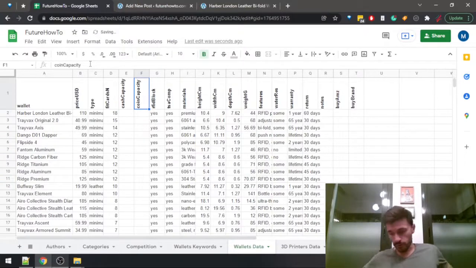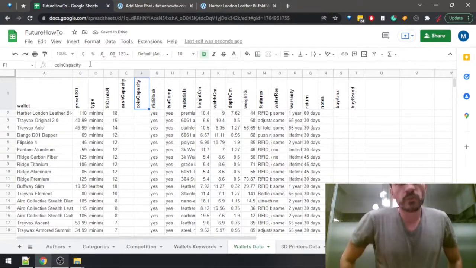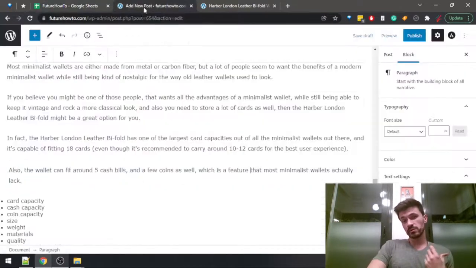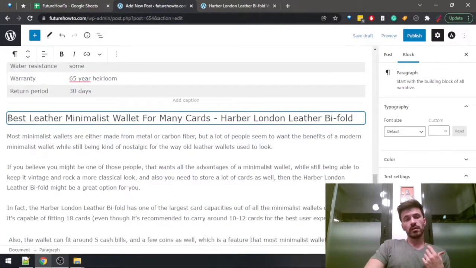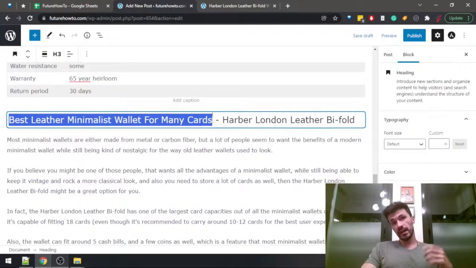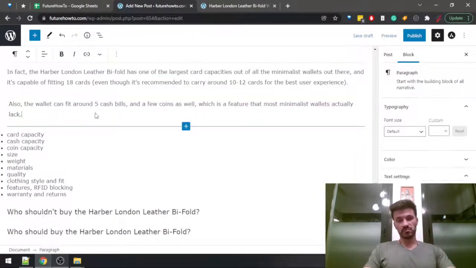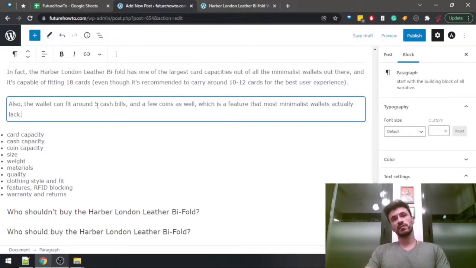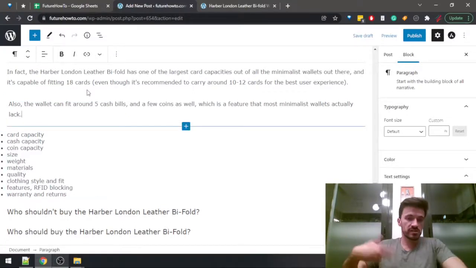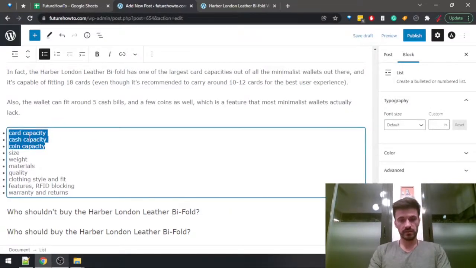I'm probably going to go over all of the articles one more time and collect all of this data, and this is maybe even another item in the list: best minimalist wallet for many cards and the coin holder. Maybe it doesn't make that much sense in this article, but it is something to keep in mind. So this is how you're seeing how a blog evolves. There we go. This is good.